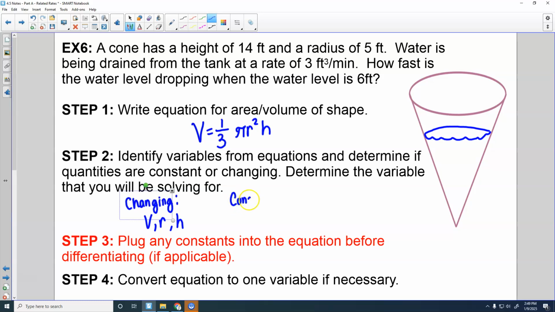The constant for this is our rate that the water is being drained, which is 3 cubic feet per minute. What variable would we have for that? It is dV/dt. And the units can help you a lot on that. It's cubic feet, so it's got to be volume because it's cubic.